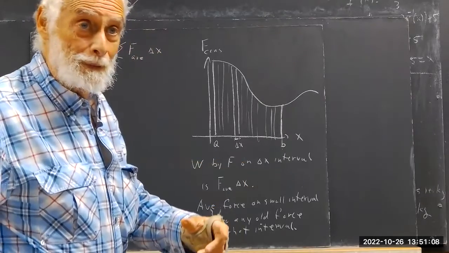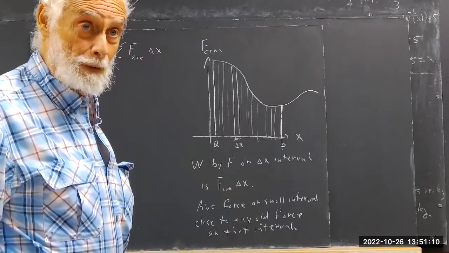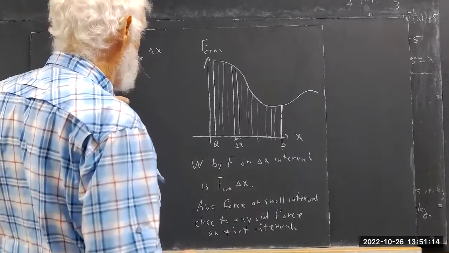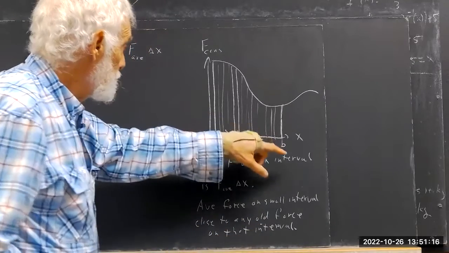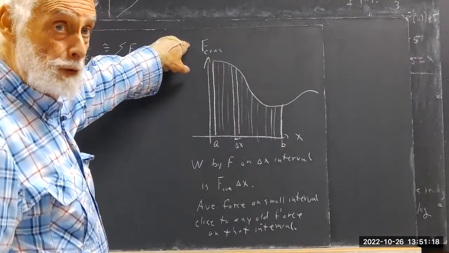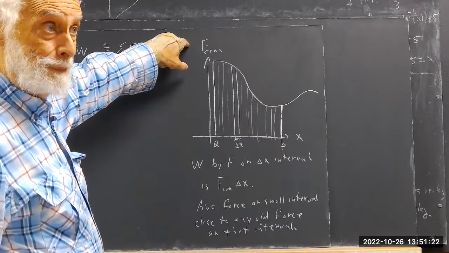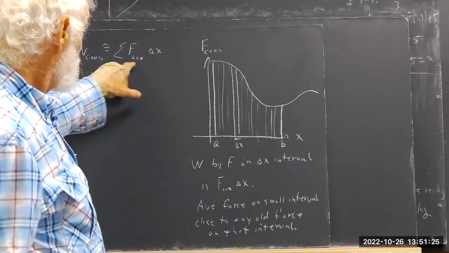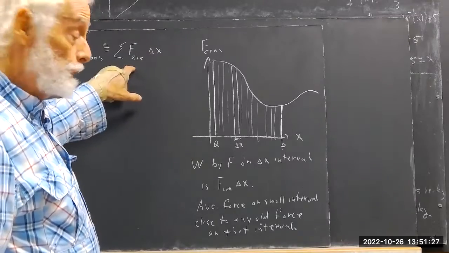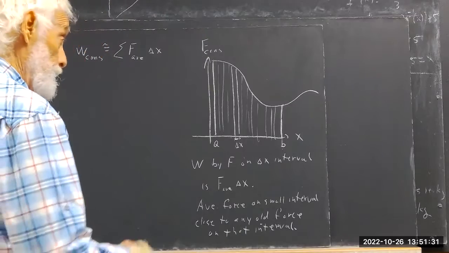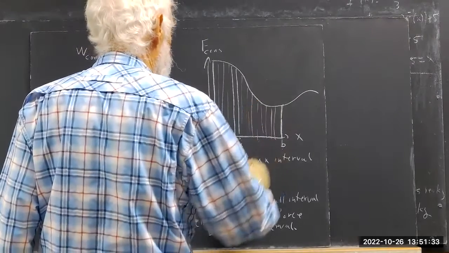Shortcutting details, the limiting process and everything, it should be totally obvious that on any one of these intervals, the conservative force is approximately constant. So we just multiply F average times delta X, where F average is any old force within the interval. Okay. I've said that.